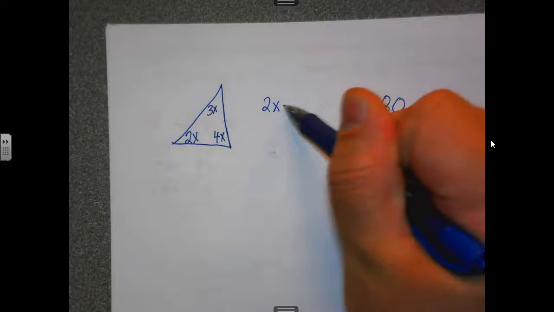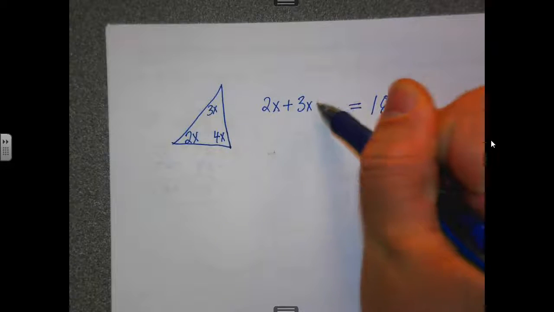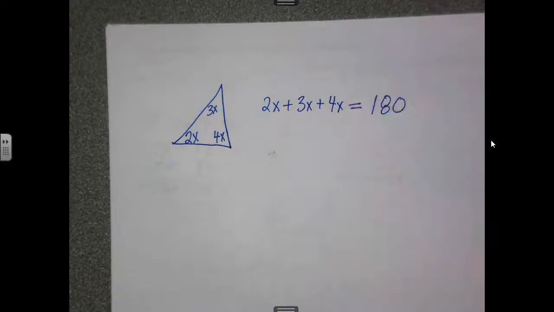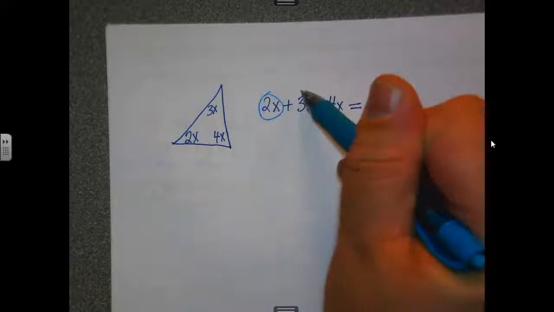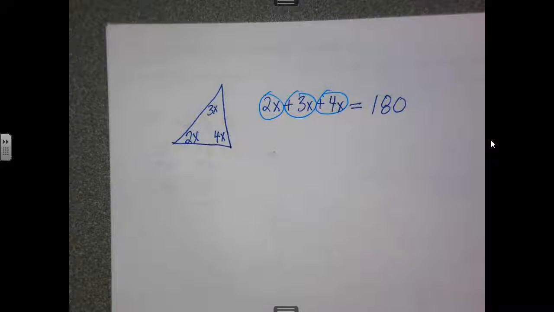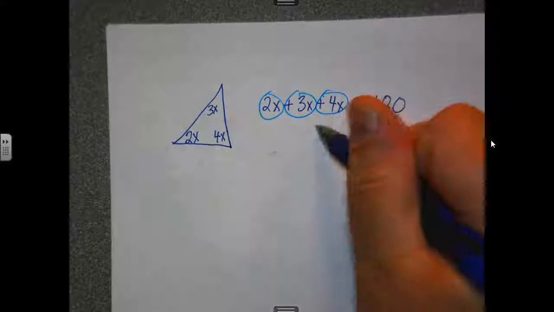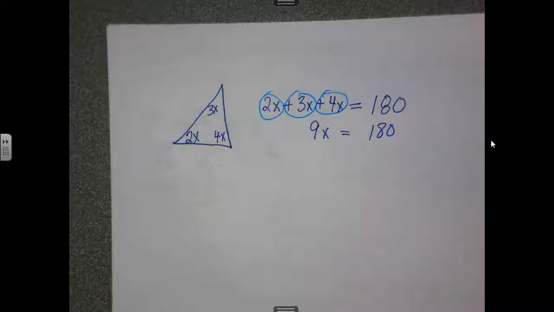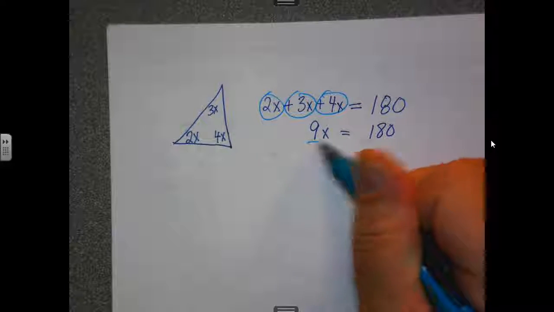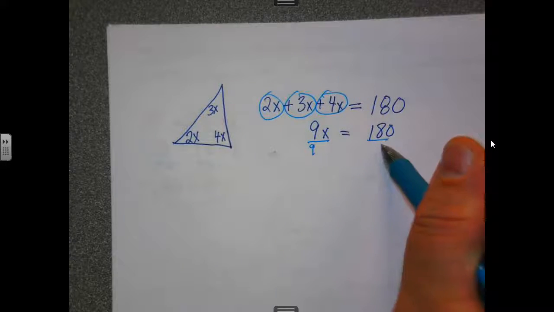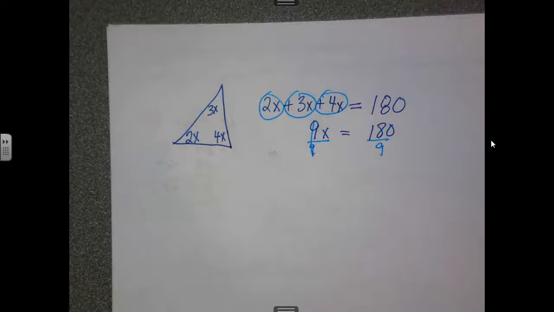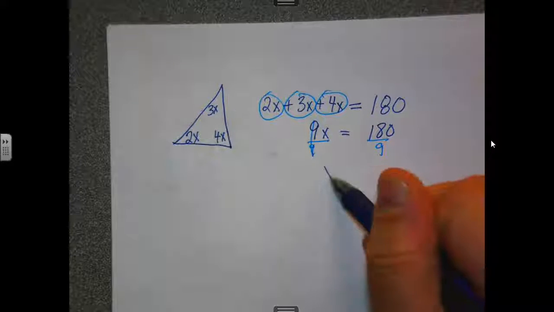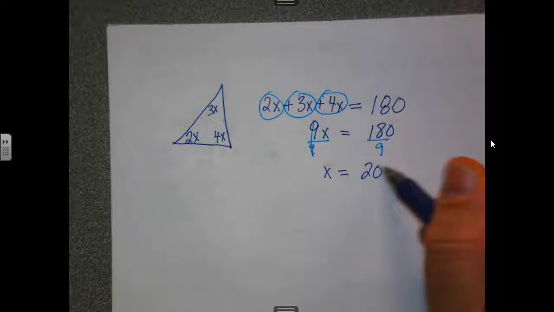So let me add all the angles. 2x plus 3x plus 4x. Combine like terms. These are all like terms. So I get 9x equals 180. Divide both sides by the coefficient 9. So x is going to equal 20.